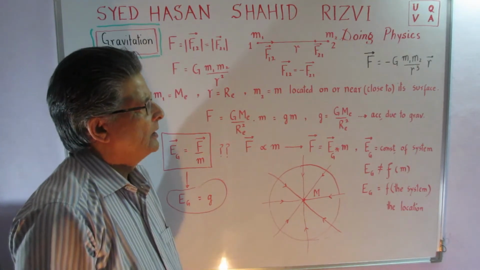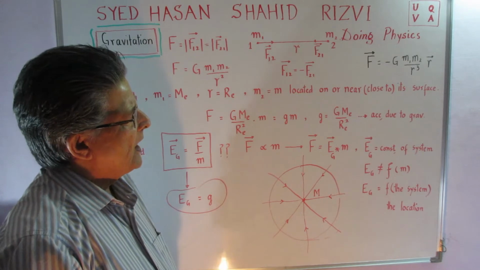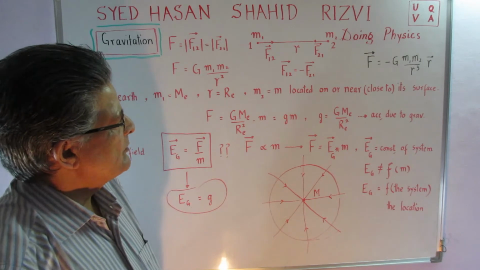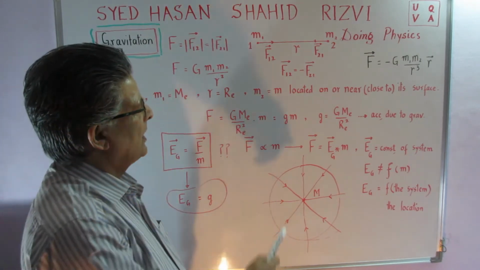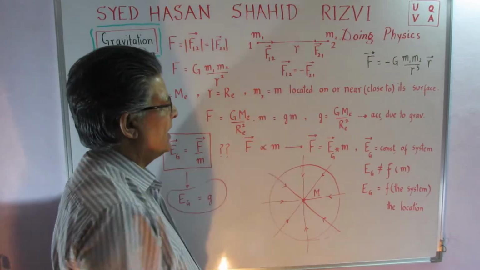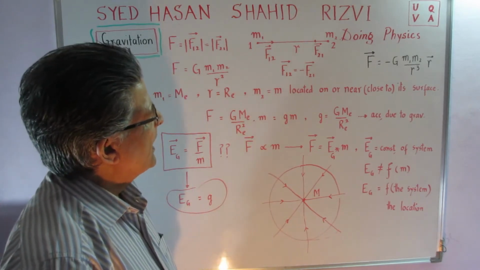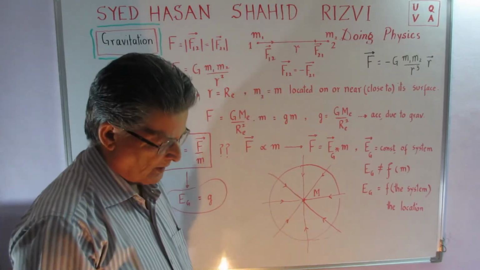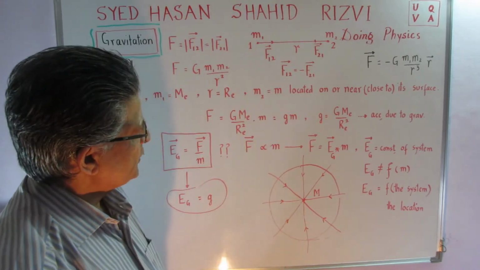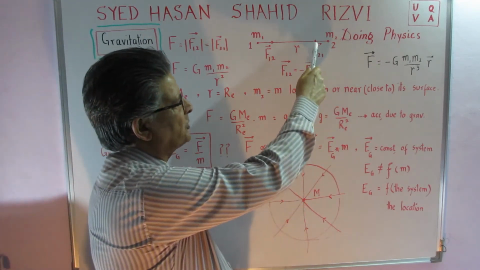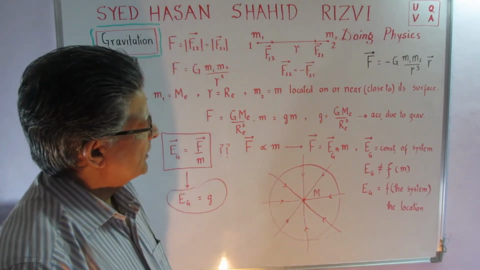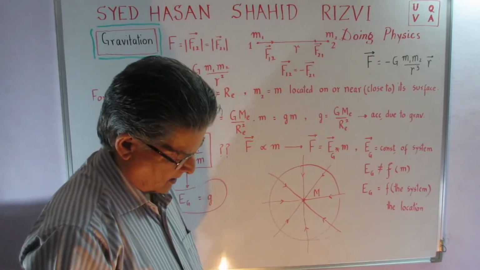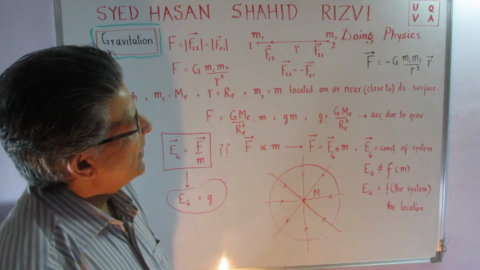We talked about a system of two masses m1 and m2 separated by a distance r from each other, wherein we have two forces: F12, the force on body 1 due to body 2, and an equal and opposite force conforming to the third law, F21, shown here in the opposite direction.